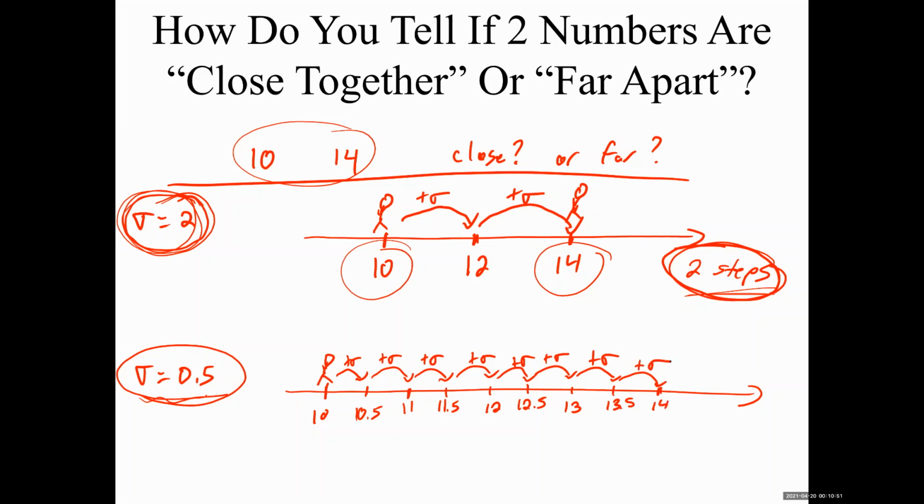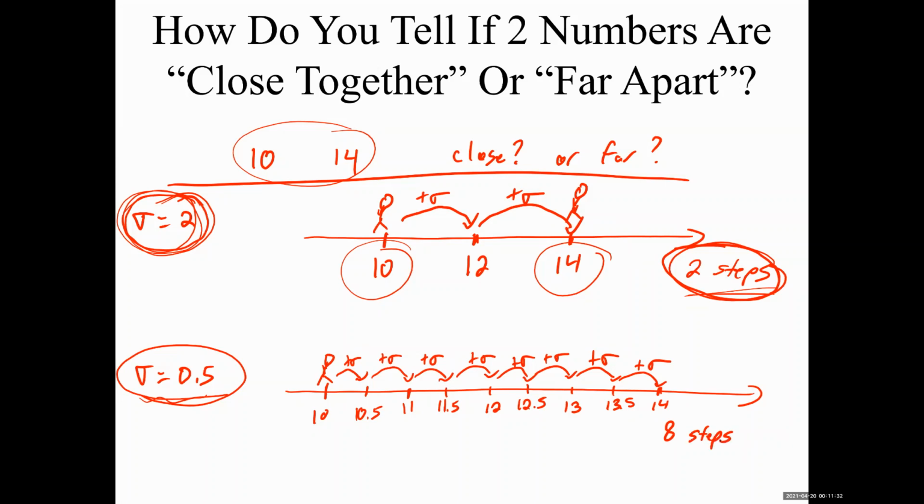Okay, so think of the standard deviation as a step size. Every time you take a step, you moved over 0.5. If you start at the number 10, how many steps does it take to get to the number 14? How many steps? A lot of steps. How many though? How many exactly? 8. 8, yeah. So the numbers are 8 steps apart.